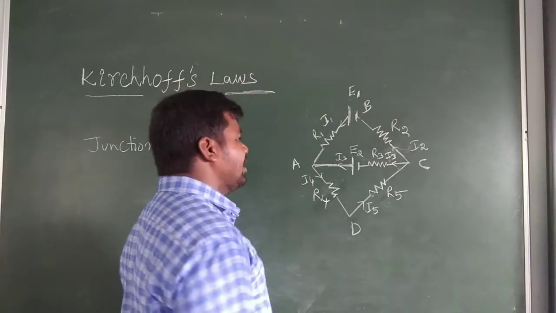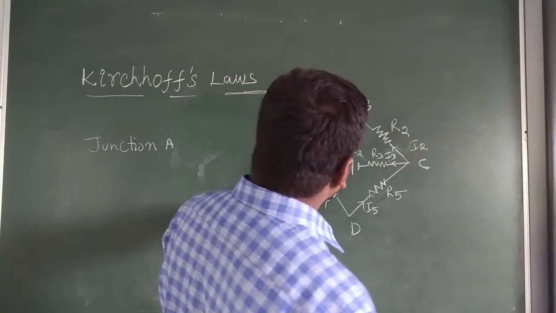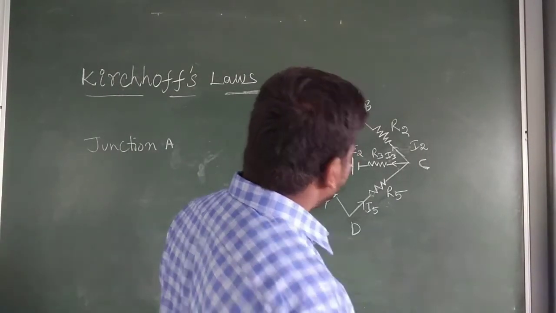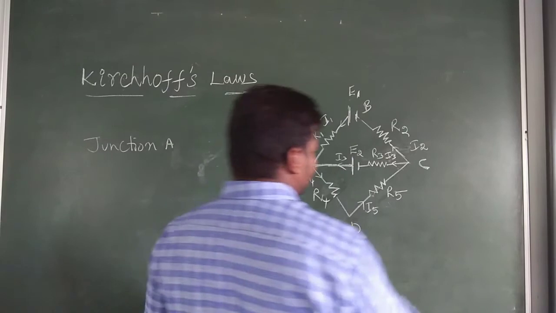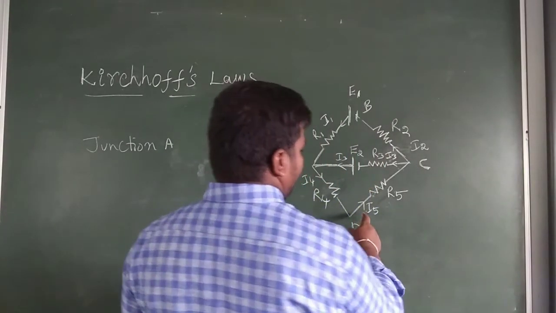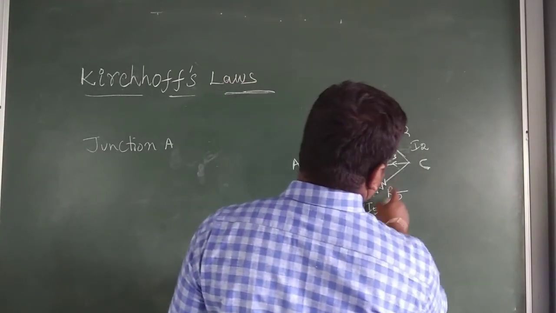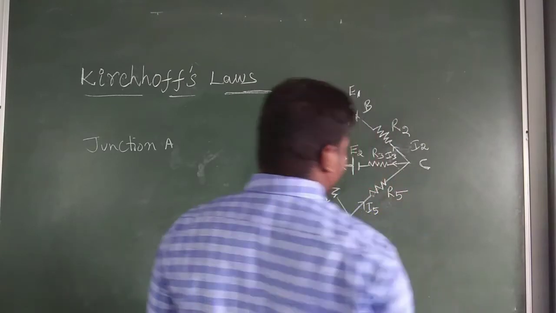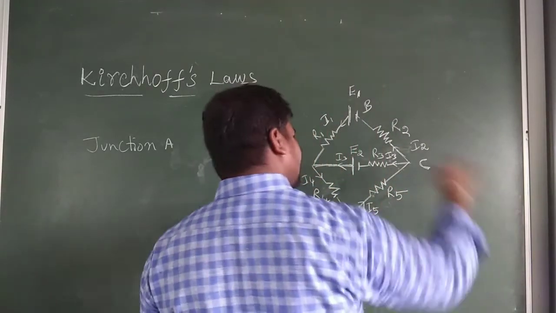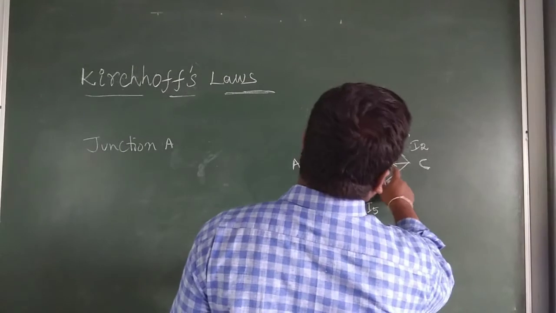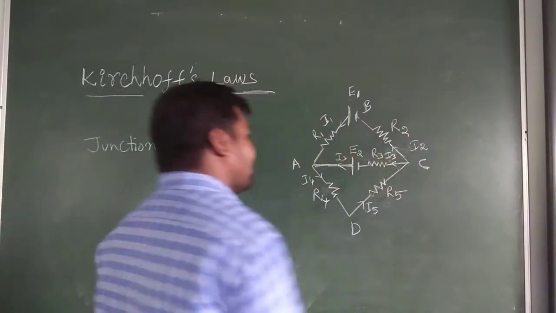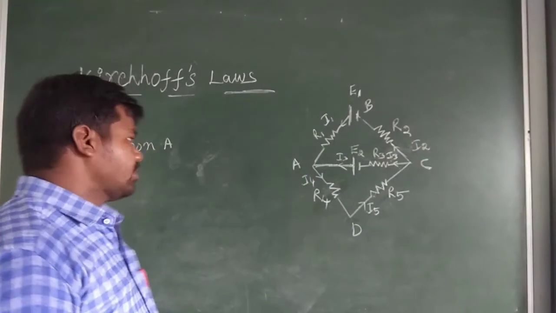Okay, I4 current is leaving from the junction. At junction C, I5 is entering into the junction, I3 and I2 are leaving from the junction.